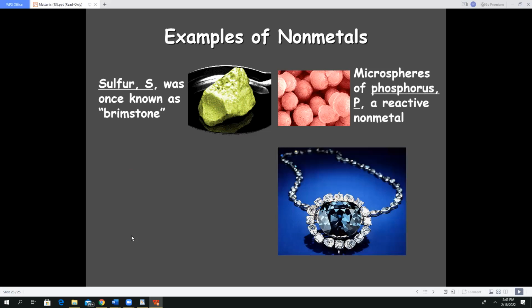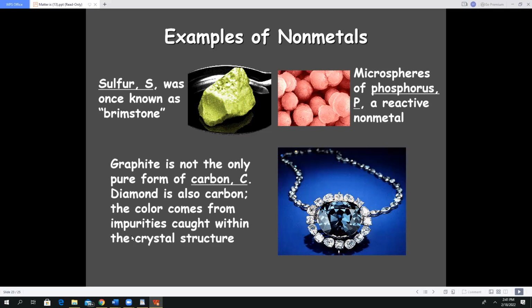The allotrope of diamond is very, very strong, whereas the allotrope of carbon, the lead, is very weak, and that's why it breaks so easily. Interesting how it can be both. And the color comes from impurities in the crystal structure.